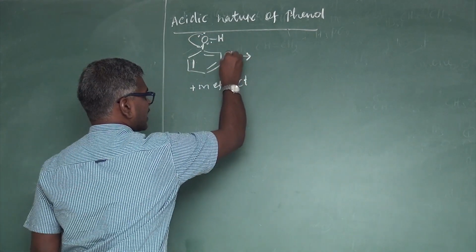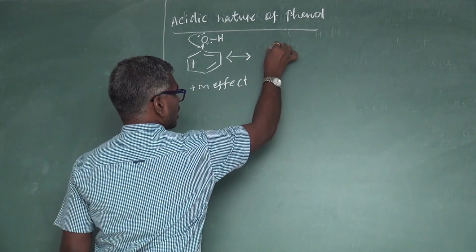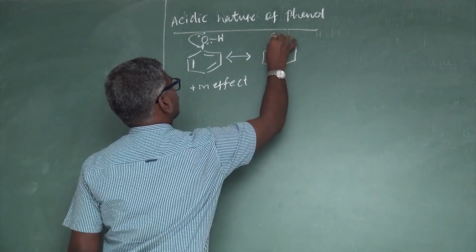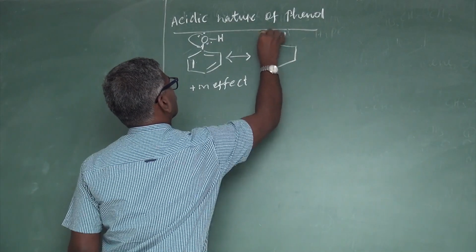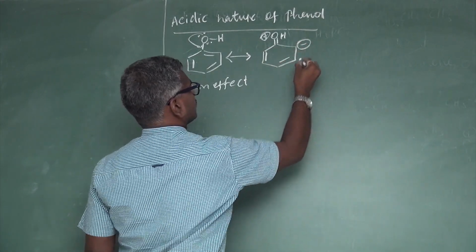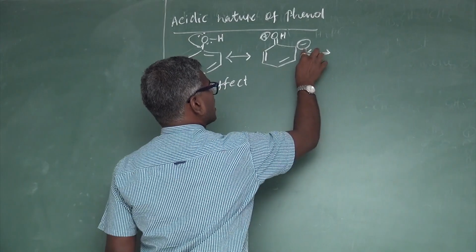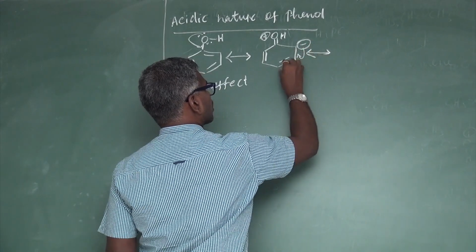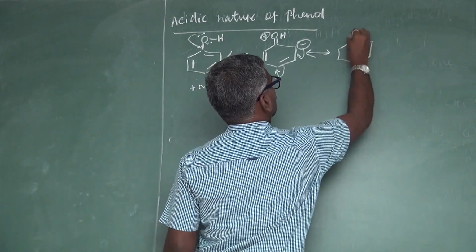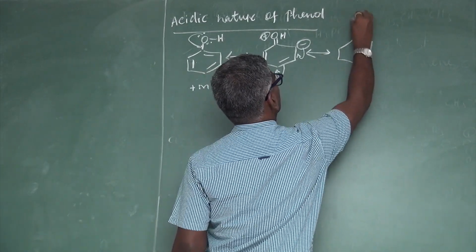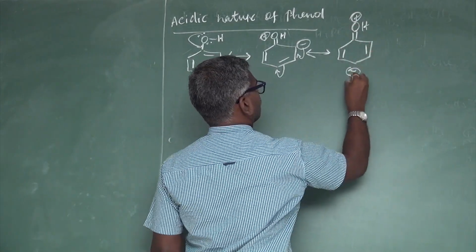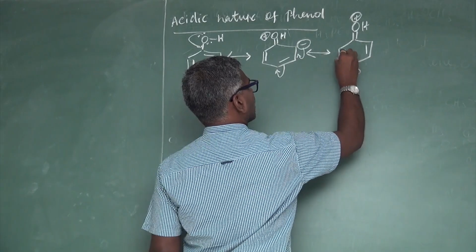This symbol is known as the resonance symbol. This forms a structure where the negative charge is further shifted towards another carbon atom, and then further shifted towards another carbon atom.